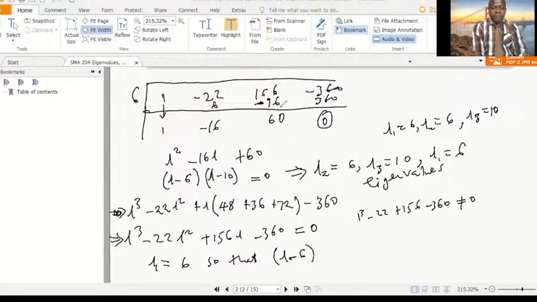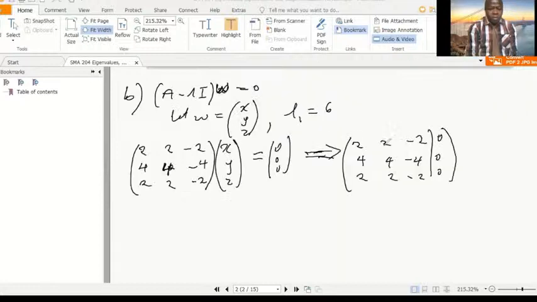When we use Gaussian elimination, what we then get is 2, negative 2, 0, and this will be 4, negative 4, 0, and this will be 2, negative 2, 0.